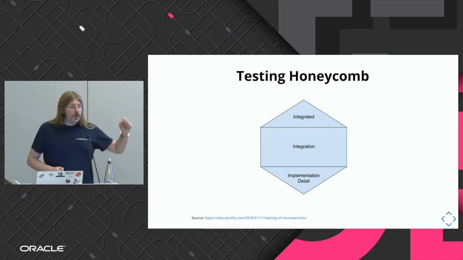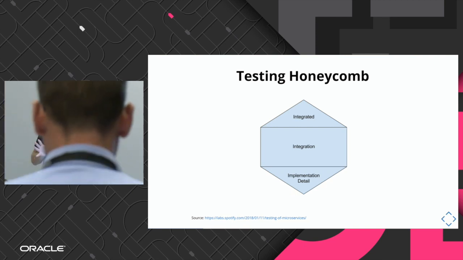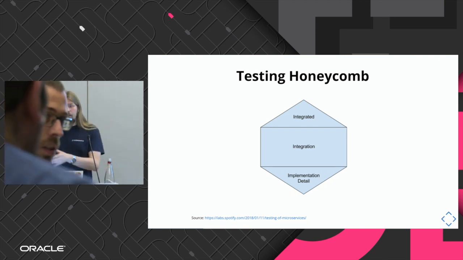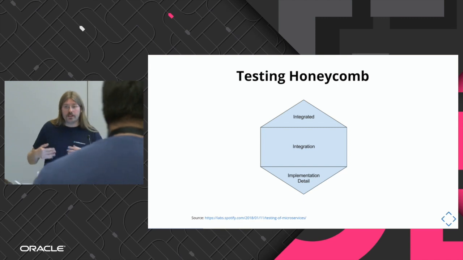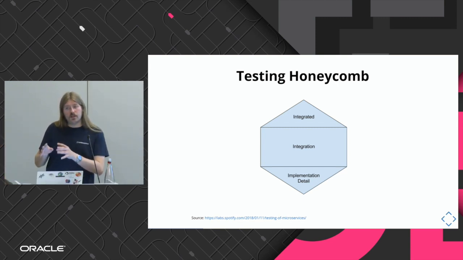And a little bit of reasoning why Spotify said they have this kind of testing pyramid. They say they write very small microservices, they have a small core of business logic in there, but they have a lot of integration surface to other systems, to other services, and so on. Since they have basically more integration code than actual business code, it makes sense for them to have more black-boxy integration tests.